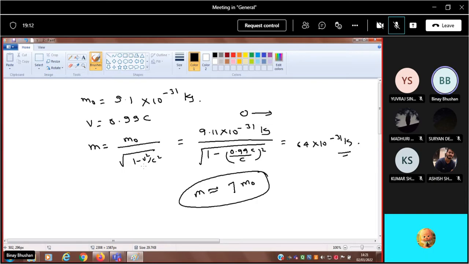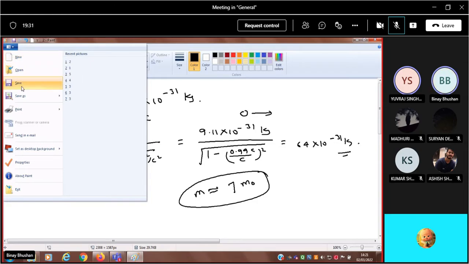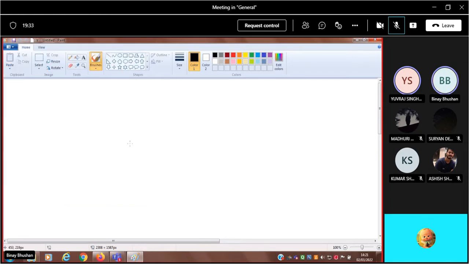Okay, so come to the next question here. I am telling this in my own order actually. So example 1.6 now. A stationary body explodes into two fragments, each of rest mass 1 kilogram, that move apart at a speed of 0.6 c relative to the original body.